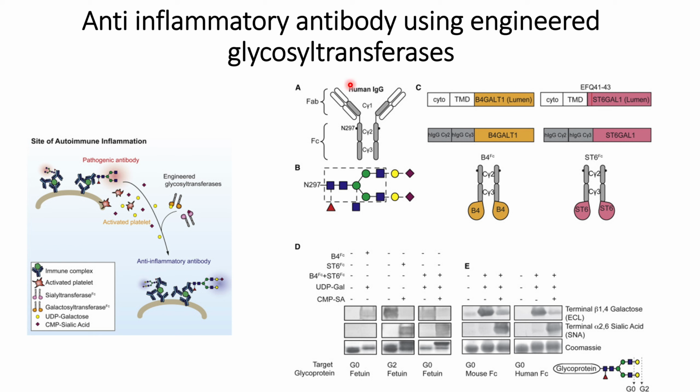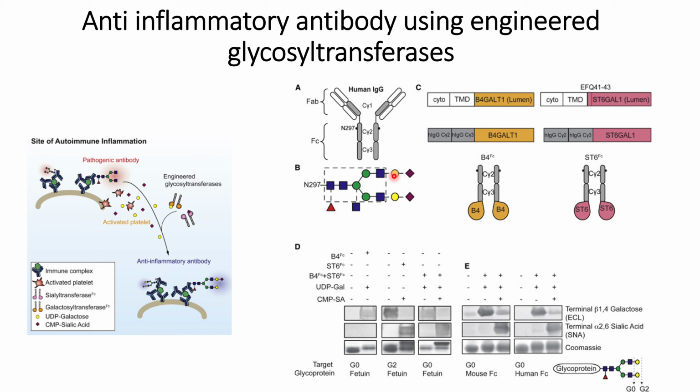Panel A is the human IgG, where at N297 there is an N-glycosylation site, the NXT site. The representation of the glycans at this site is shown in panel B, where the boxed portion shows the anti-inflammatory glycan structures. Inflammation can be reduced by adding fucose and N-acetylglucosamine at this site, and also by adding galactose and sialic acid.